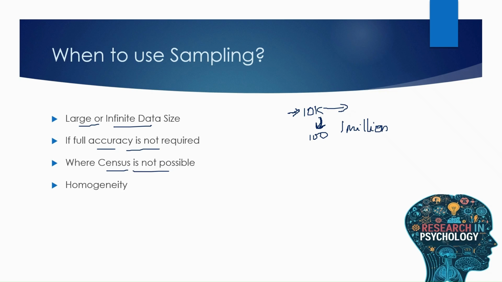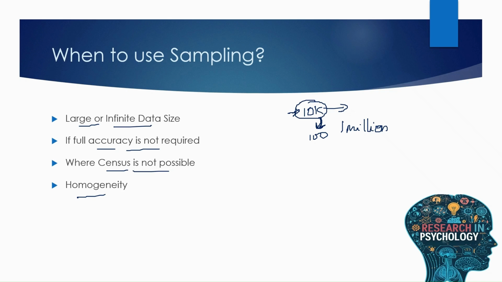Then finally, homogeneity. This means if the population is homogeneous, there won't be much variability in these 10,000 people. All of them would be almost similar, or if you go and collect data, you are pretty much likely to get a similar kind of data from everybody.